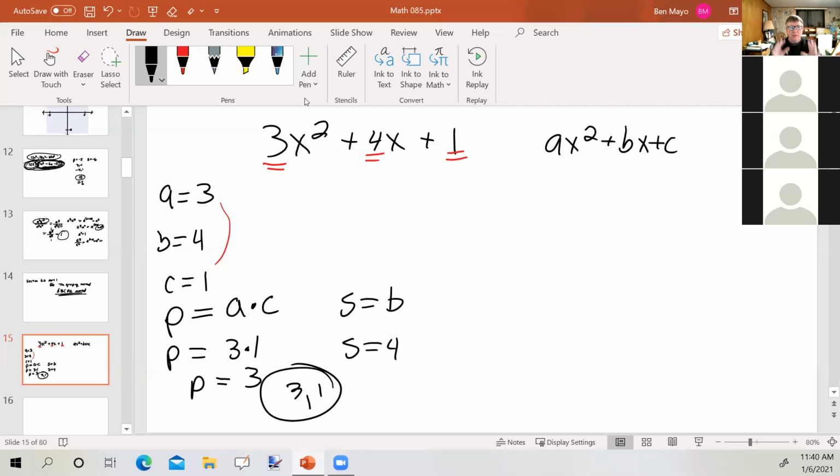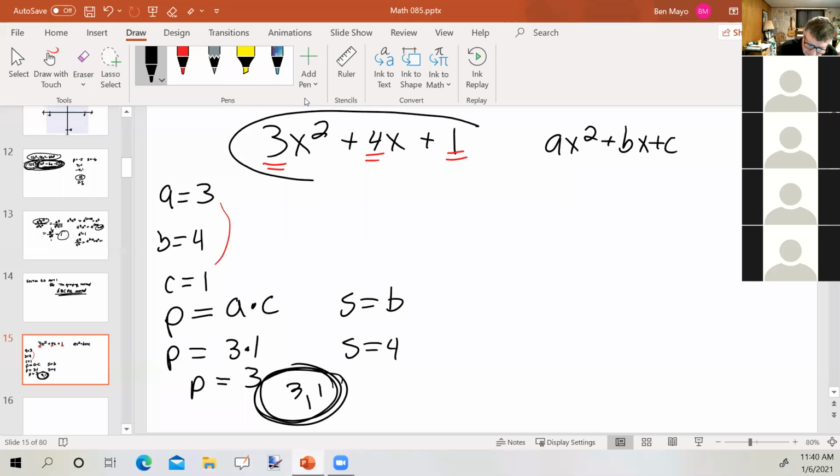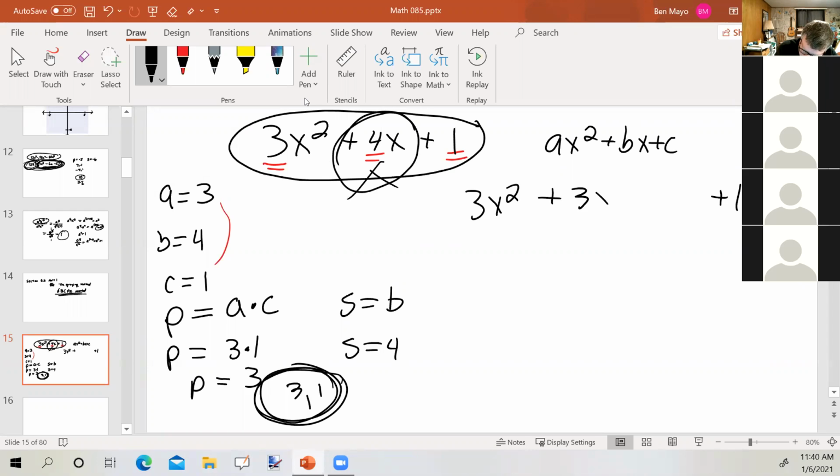Okay. Now, we're going to take these two numbers and we're going to take the original trinomial. We're going to use the first term the same and the last term the same. But we're going to take the middle term and we're going to split it up into two terms that have these two numbers as their coefficients.